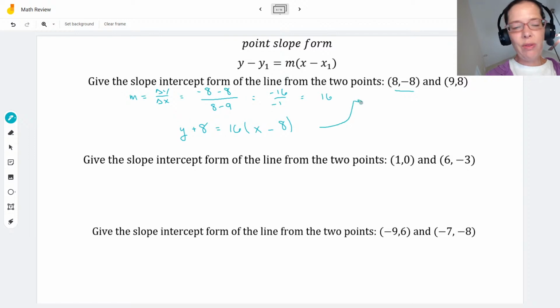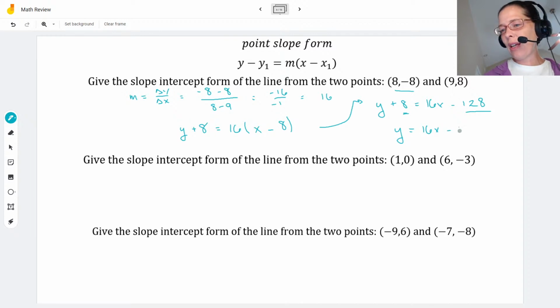So y plus 8 is equal to 16x, and then -128. Then I'm just going to combine my like terms here. I'm going to keep my y on the left. This is still 16x, and now this is -136. Okay, so that is the equation of the line for that one.